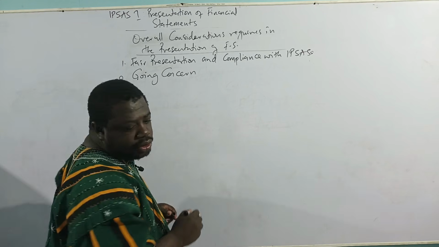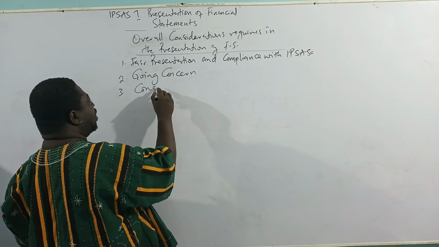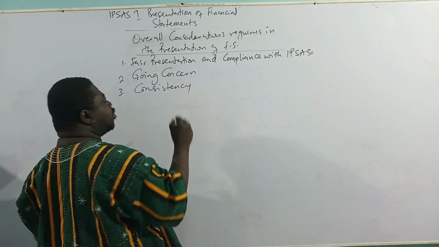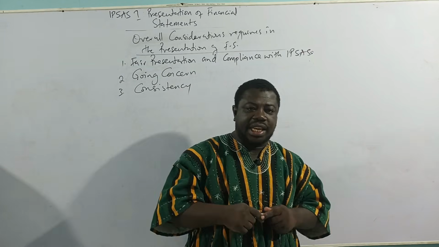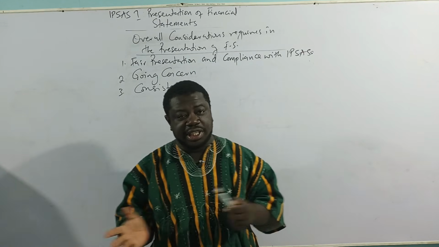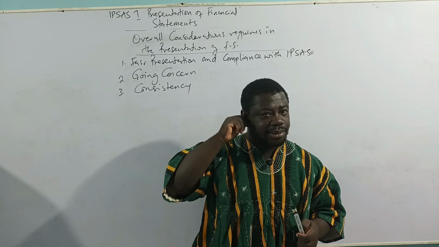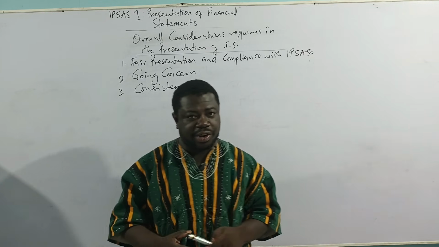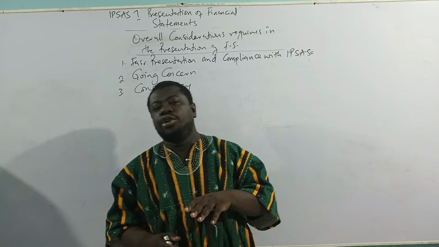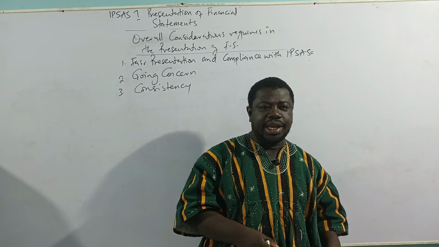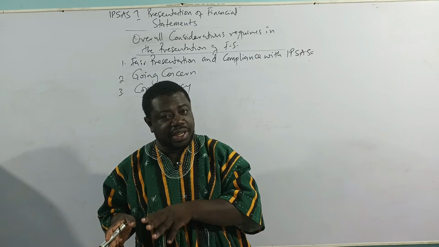And then you need to also consider consistency. Consistency is also very important, especially in the methods of treating some line items or some items on the chart of account. You cannot use one method today and the following year you change the method on the same asset.